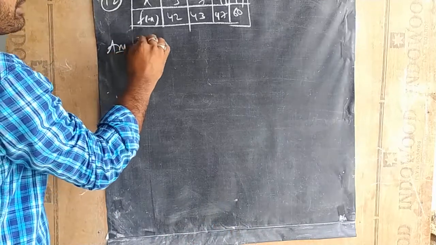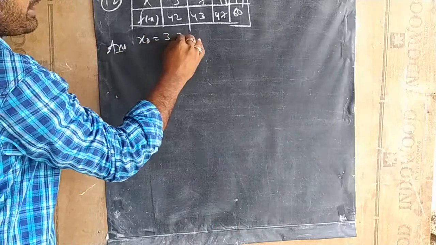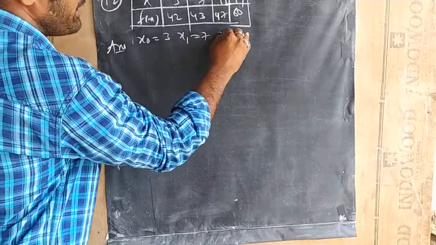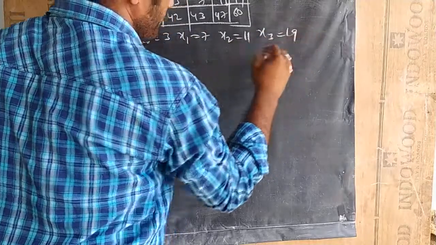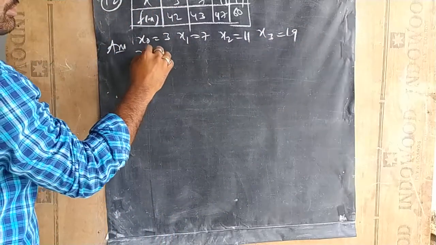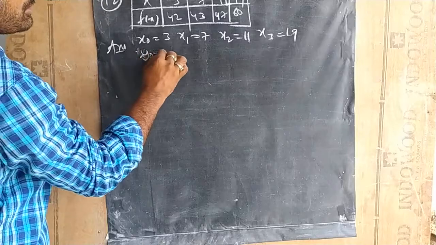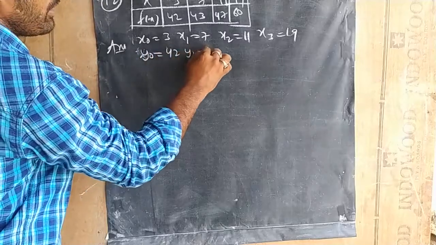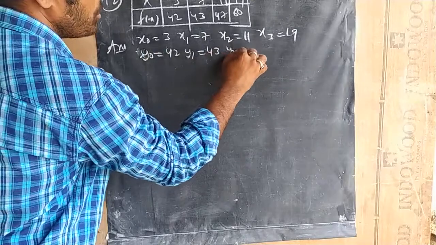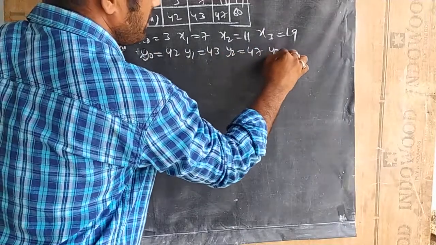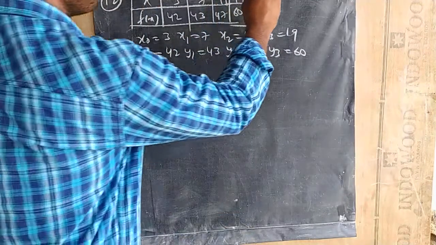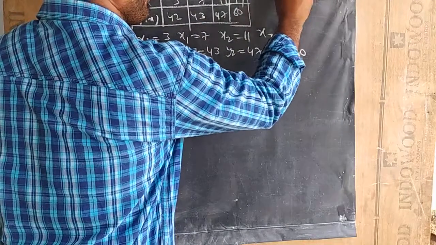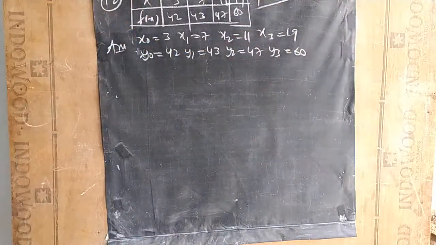So x0 is 3, x1 is 7, x2 is 11, x3 is 19, y0 is 42, y1 is 43, y2 is 47, y3 is 60. He's asking for the value at x equal to 15. At x equal to 15, what will be the answer?